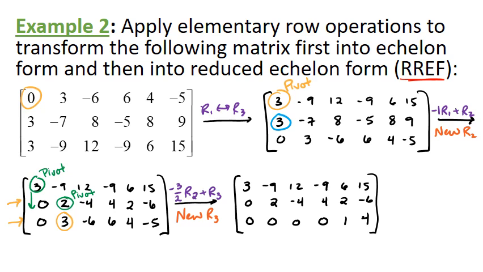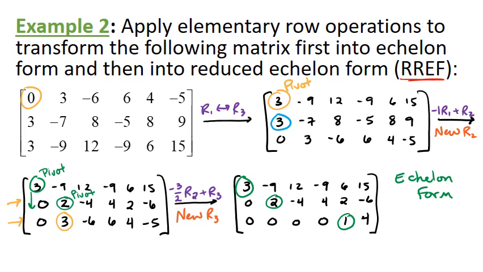Okay, woo-hoo. Let's analyze what we have here. Pivot, pivot, pivot. This is in echelon form. I know this is echelon form because everything below my pivots is 0, so it kind of creates that triangular form.